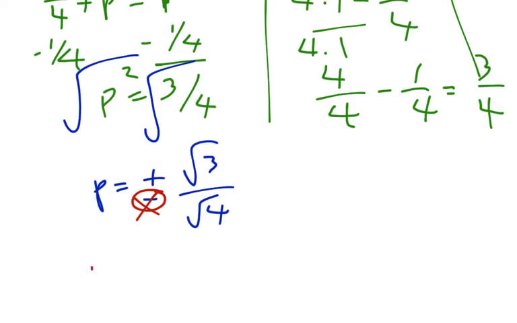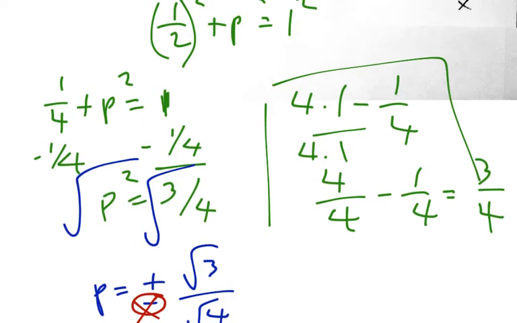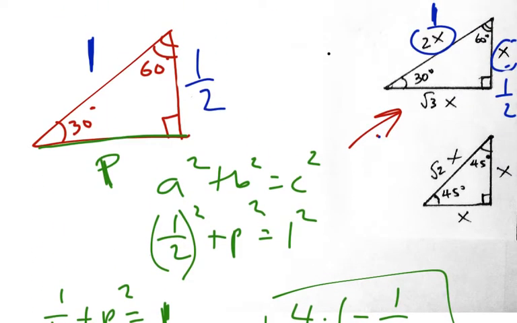Now I solve this, and I have p equals square root 3. I'm not using a calculator, so it stays the same, but square root of 4 is 2. So I find out that the missing length is square root 3 over 2. So instead of p, I'm going to erase this p now, and I have that little piece is square root 3 over 2. Alright, now we have a lot of information.